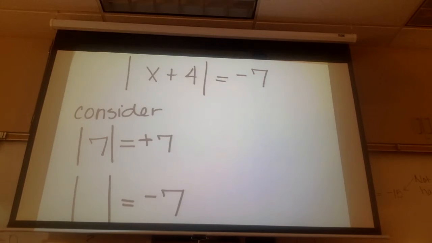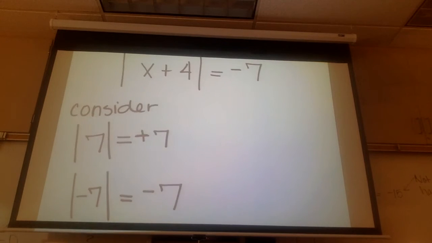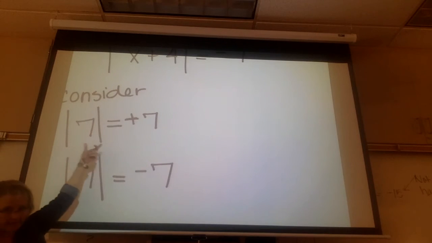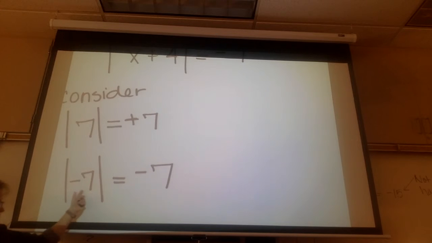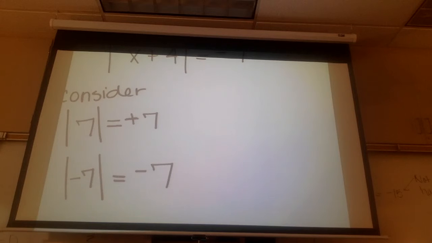So that didn't work. If I have a negative 7 in there, remember that when I put it through the absolute value sign, it comes out as a positive. So this actually is the absolute value of negative 7 equals positive 7. So that didn't work either.